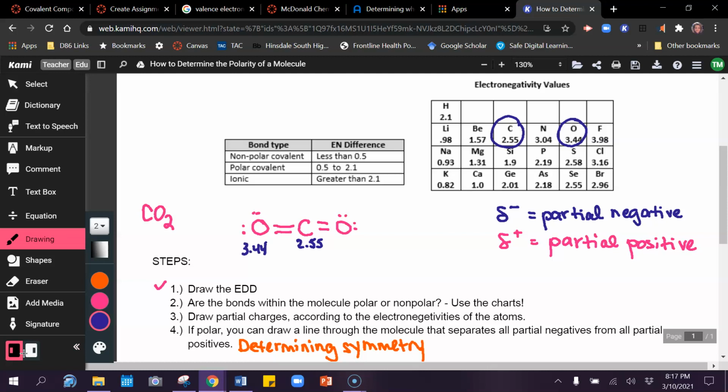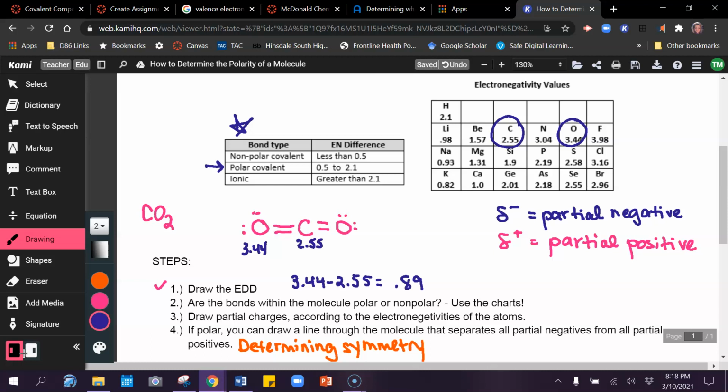So to figure out if this bond is polar or nonpolar, I just have to subtract these 2 numbers from each other. And when I do, I get the electronegativity difference of 0.89. If I refer back to my electronegativity difference chart, 0.89 makes this bond between carbon and oxygen a polar covalent bond.